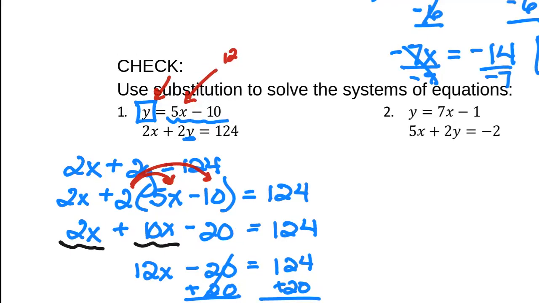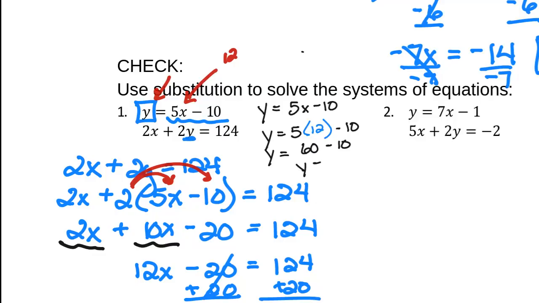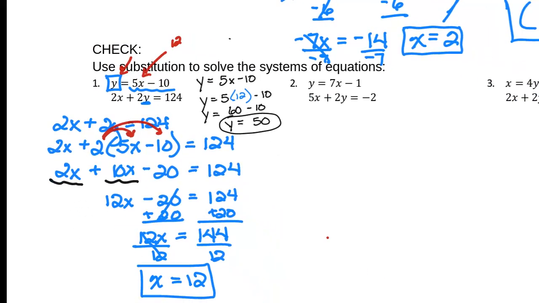So I'm just going to do this right up here and say y equals 5x minus 10. y equals 5 times 12 minus 10. 5 times 12 is going to be 60. Minus 10 means y is equal to 50. Yeah, that's a big number. Bigger than what we usually deal with.